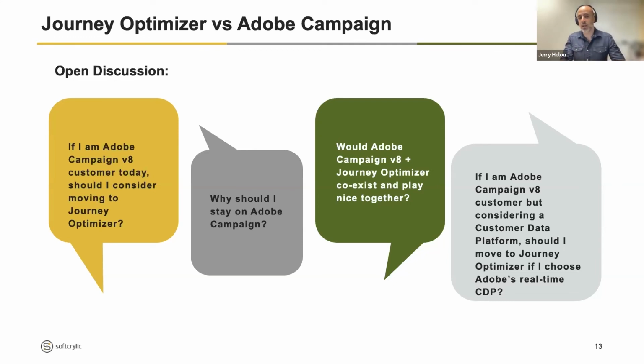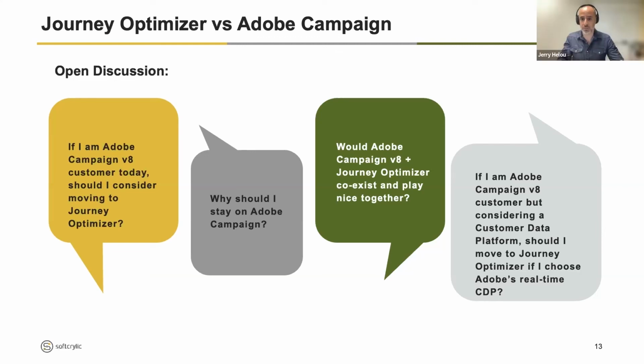If not, then assess how Journey Optimizer would compare to those. What is important to you? A lot of us want to do multi-channel orchestrated journeys, right? Yeah. It sounds great.